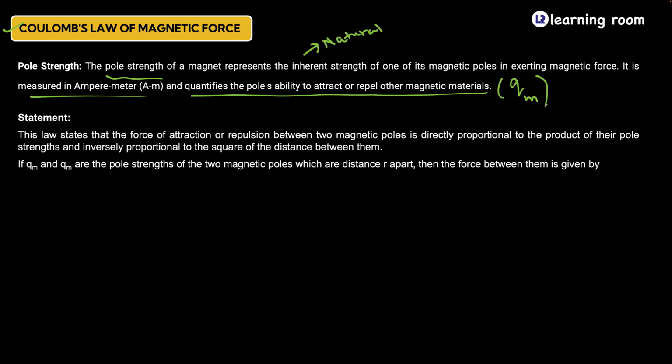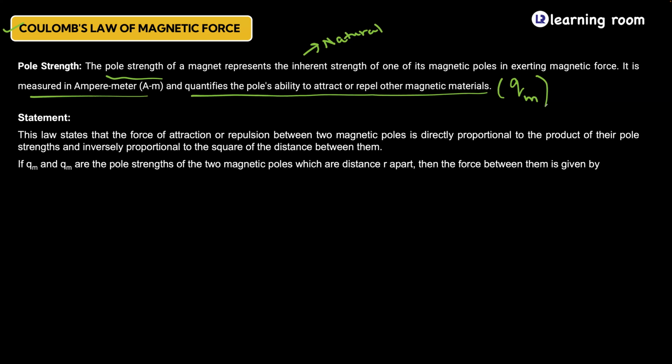Now, why I introduced pole strength before Coulomb's law is, if you recollect Coulomb's law for electrostatics, it is applicable only for point charges. It states that if two point charges are separated by a distance in a region, then the force of attraction or repulsion between them is given as K Q1 Q2 divided by R square.